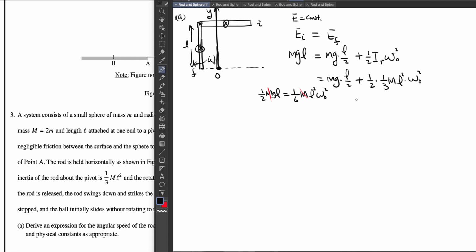We'll get omega naught equals the square root of 3g over L. So one of the L will also cancel out. Okay, so that's the first question.